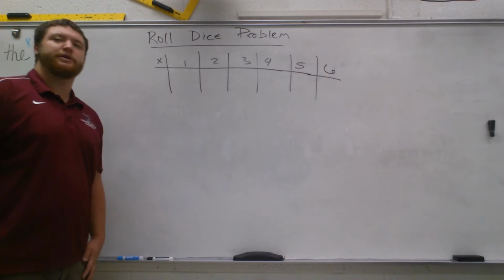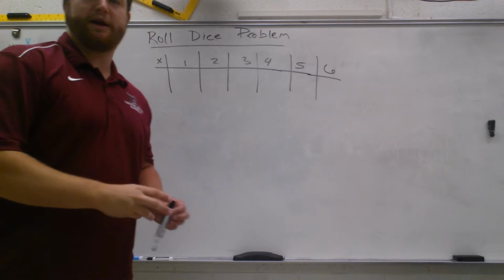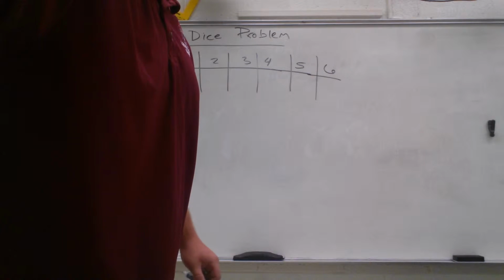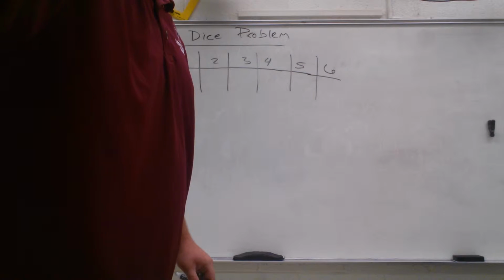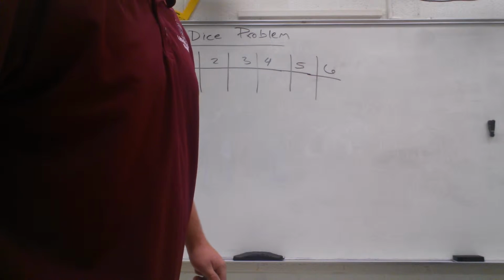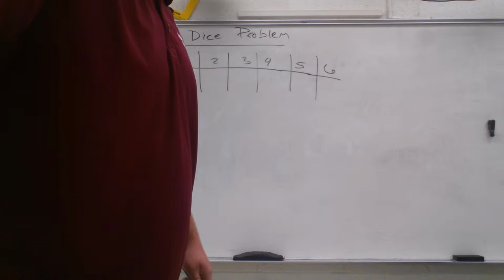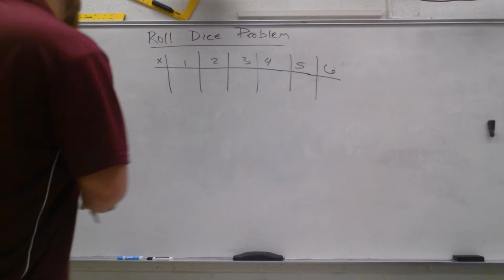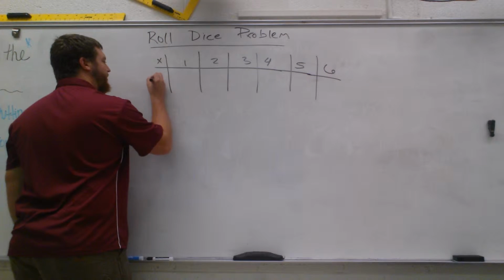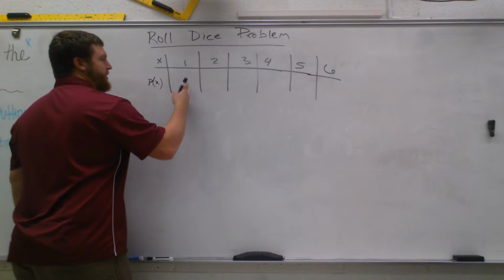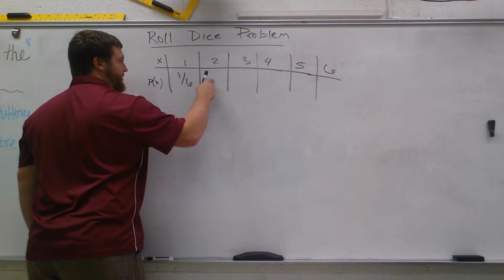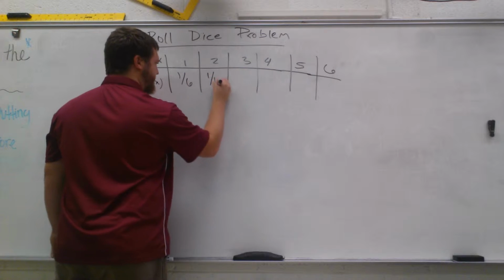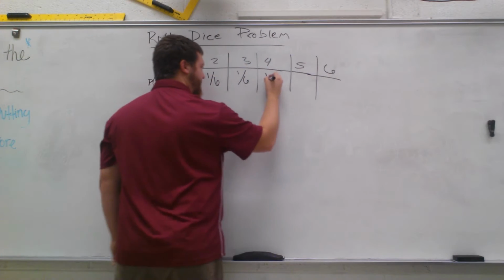Now, if I roll a 1, what's the probability of rolling that? It is 1 out of 6. Probability of rolling a 2, 1 out of 6. And that's going to be consistent for all of them.